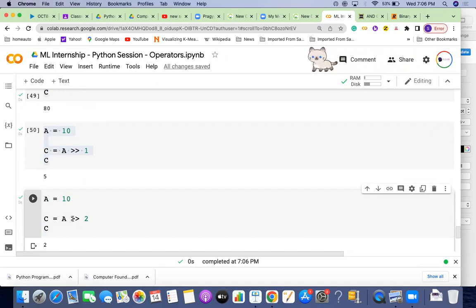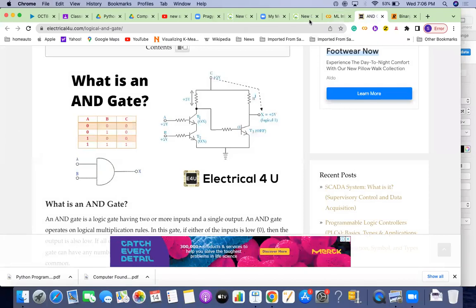And this division, what is that actually? This is not actual binary division. It is a floor division. You understood what a floor division is, no?